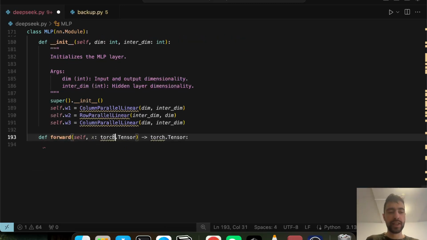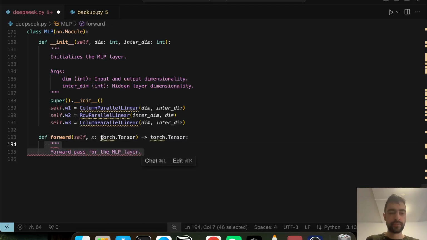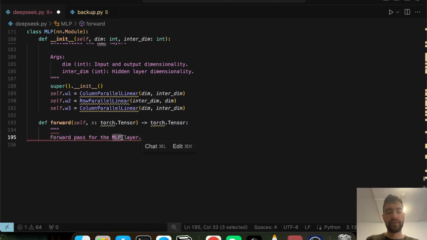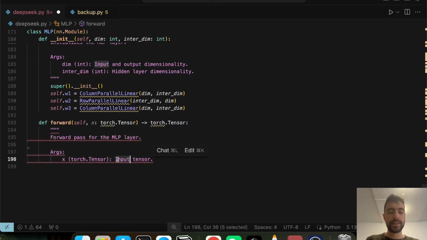Then we have the forward layer, so this will get X, a torch tensor. This is the forward pass of the MLP layer, and this is the input tensor. I believe the input tensor will be batch size times sequence length times vector size for each token.